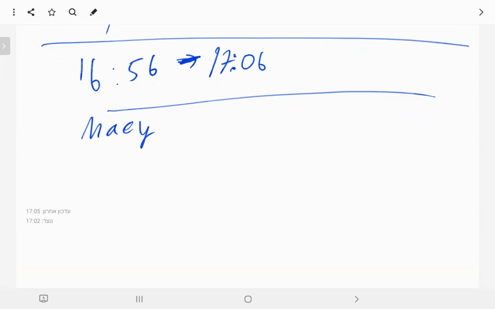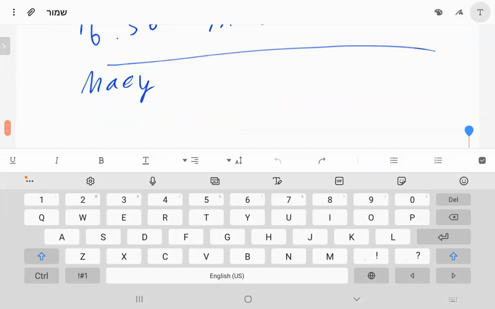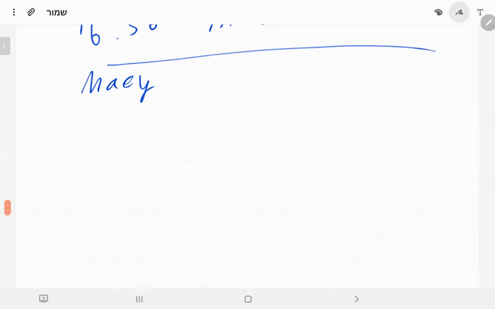And who else? Oh, are you here? Okay, so I think only Yotam and Evanet are here. So we can wait another minute. Any questions in the meanwhile?